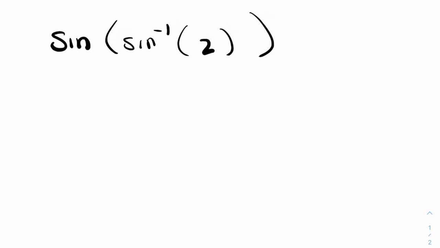So what happens when you have, let's say, sine of inverse sine of 2? Many people are going to say, okay, we want a value. Inverse trig, we use a value to find the angle. So we have to ask, is this in my domain?